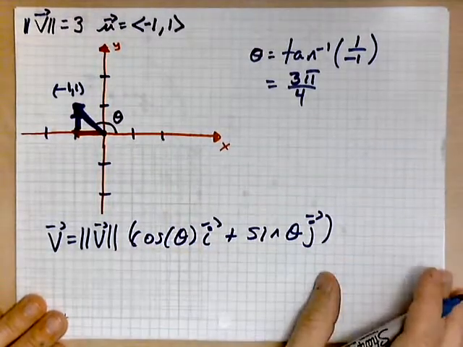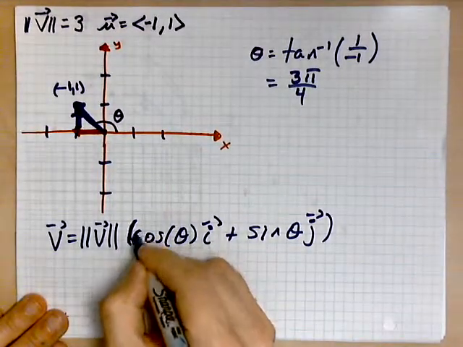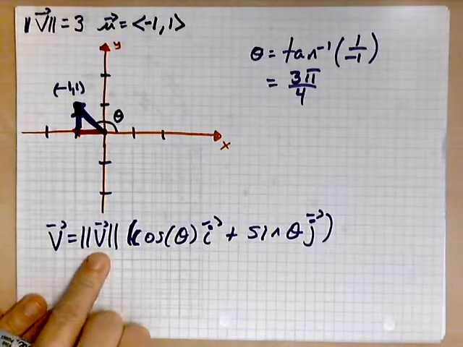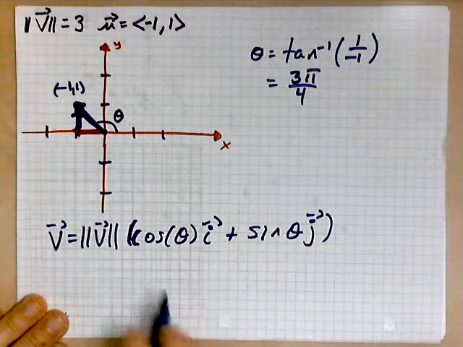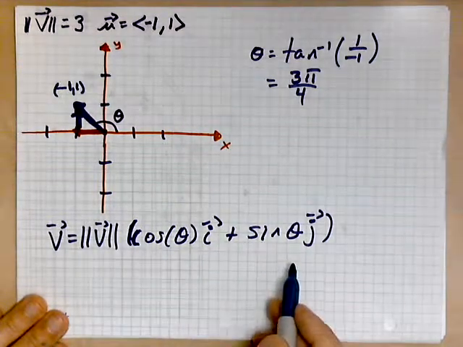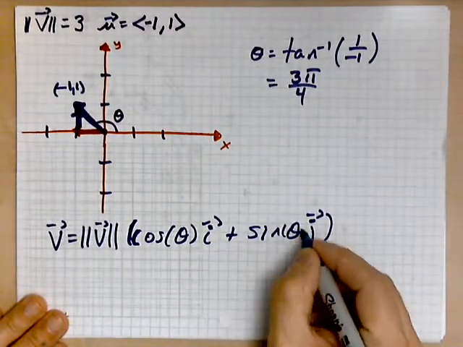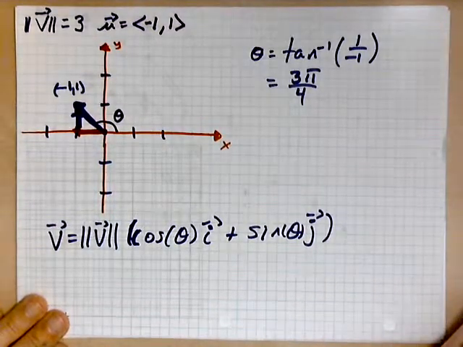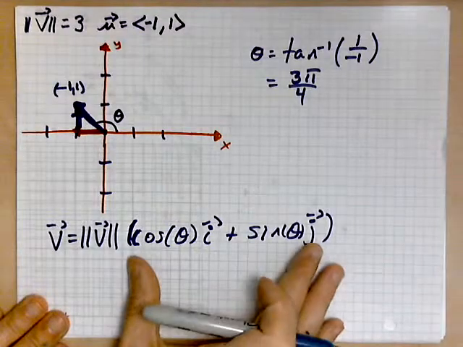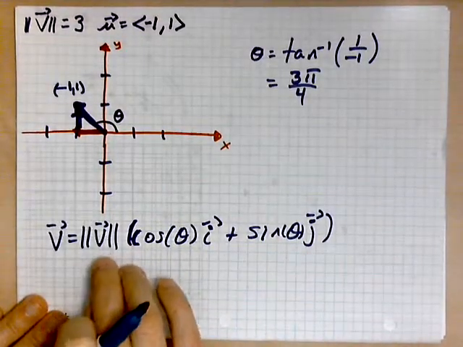Any vector can be expressed as this: the length of the vector multiplying this vector here. The vector that you see here, the cosine of the angle and sine of the angle, is a unit vector. Its length is always 1. So we can take it and multiply it by v without distorting things.